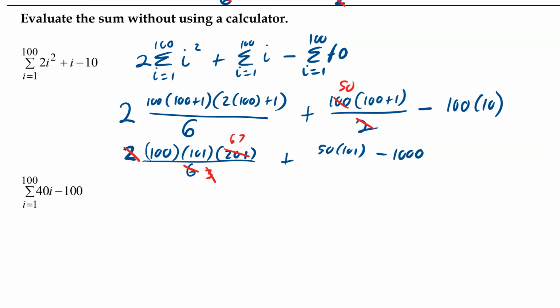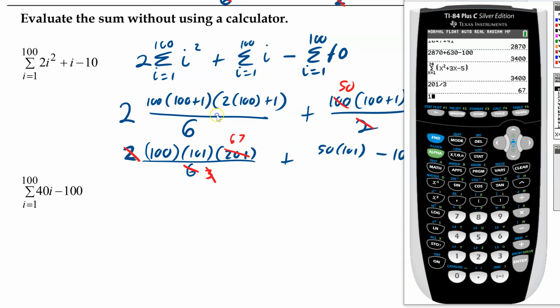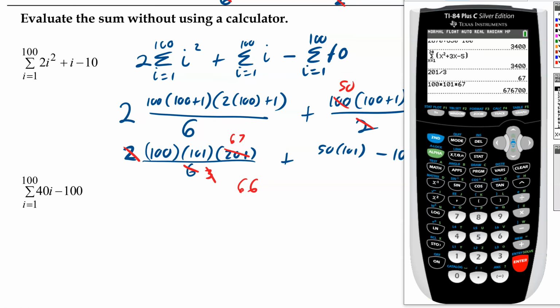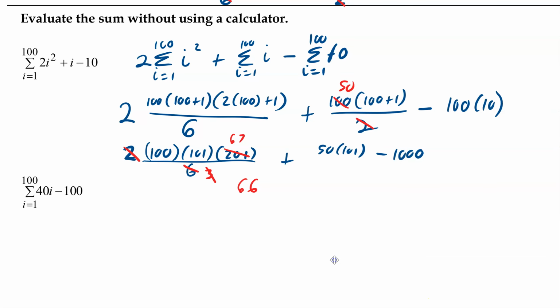So if we plug all that in the calculator, we get 100 times 101. I know it says without a calculator, but I'm not doing this by hand right now. 67. So that's 6700.